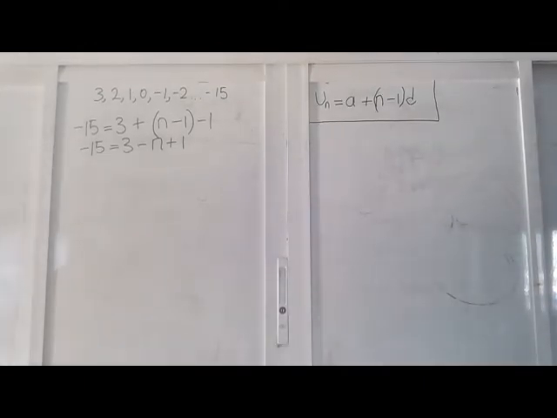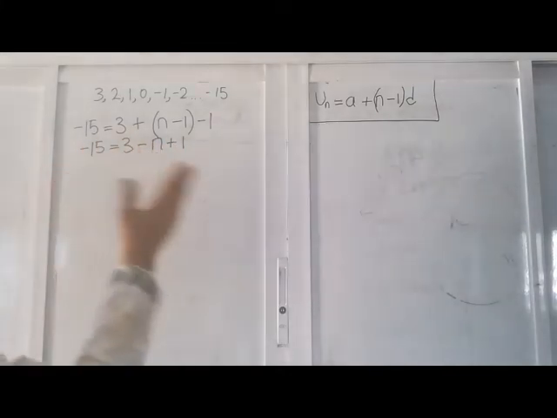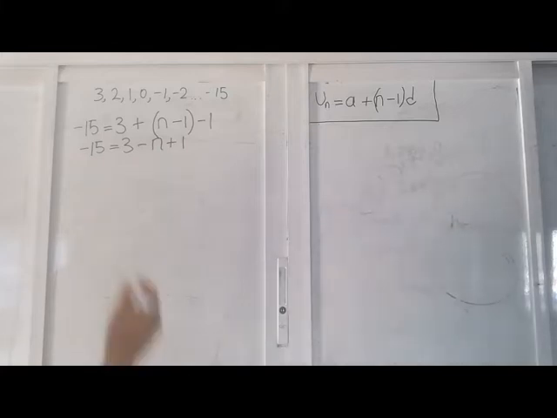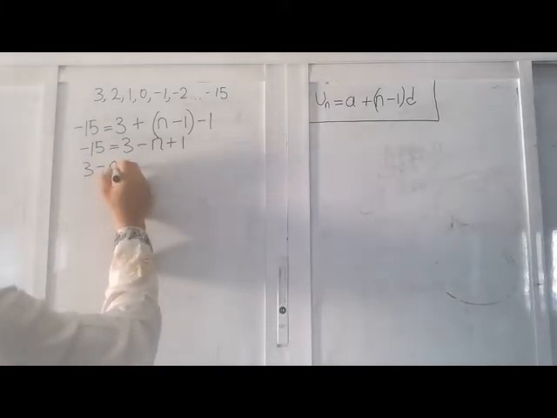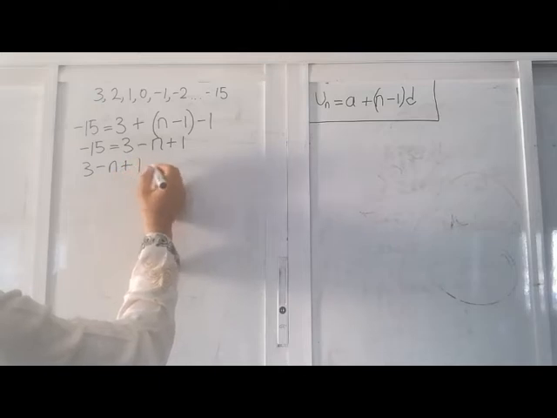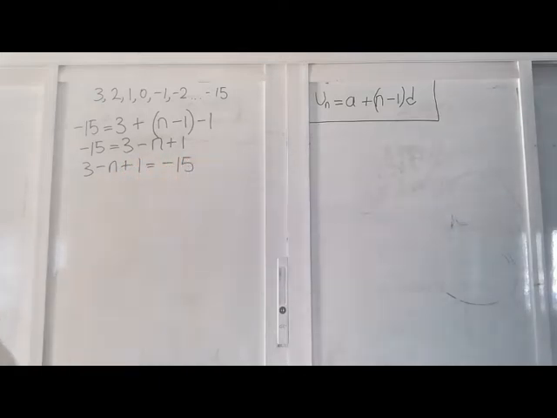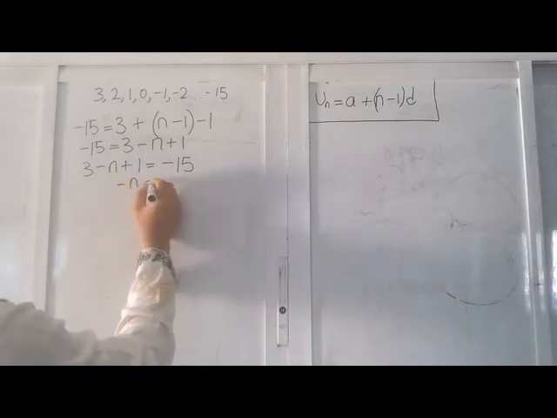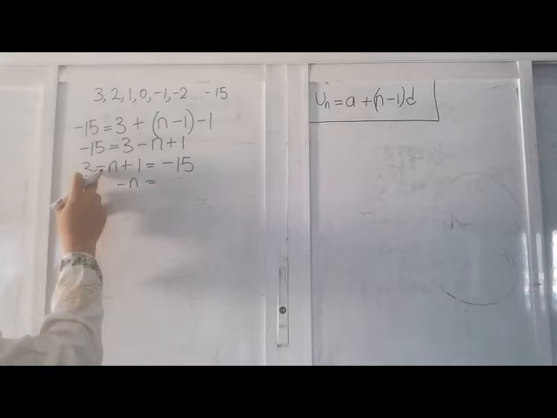In doing that, first of all, I like to notate, because I want the n, which is the unknown, to be at the left-hand side of the equation. I will now have 3 minus n plus 1 equal to minus 15. At this point, minus n, remember this minus is for the n, so you don't abandon the minus.